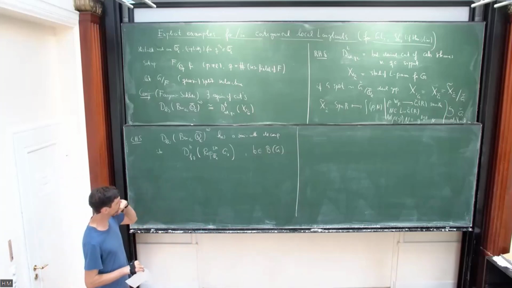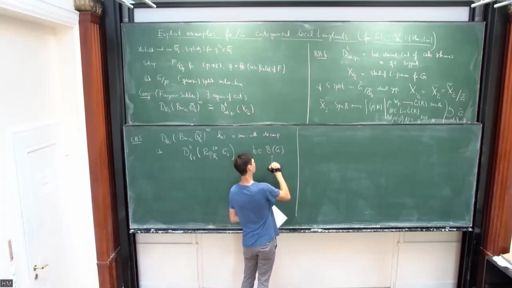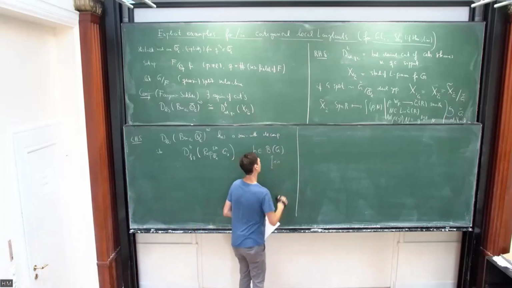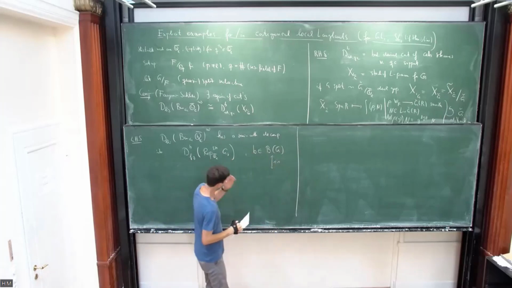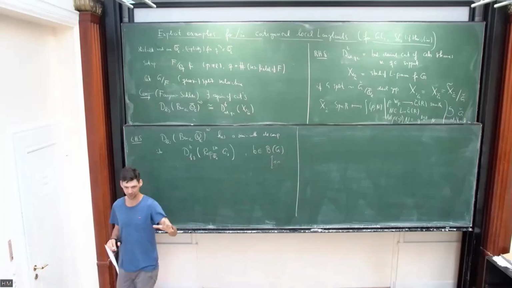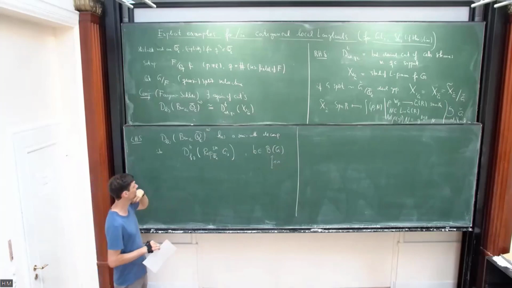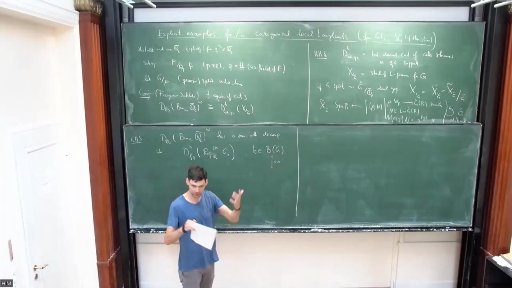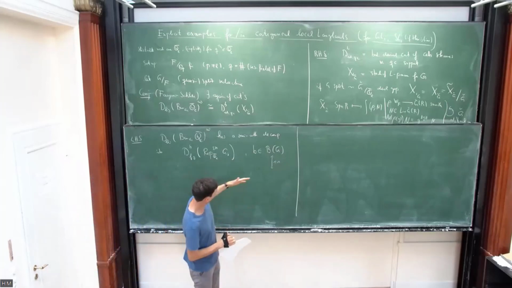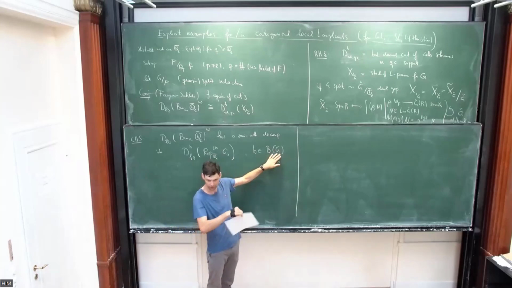Well, let me not make it precise, but I could define it, let me just do it orally. You take the completion of the maximal unramified extension of F, which has a Frobenius. And then you look at Frobenius conjugacy classes in G of that extension.